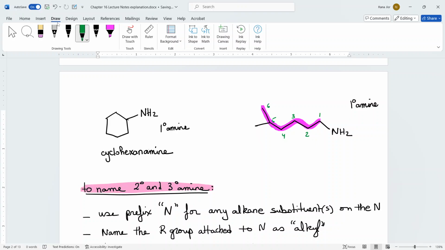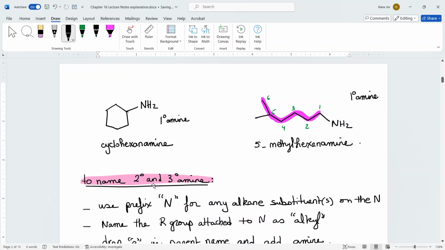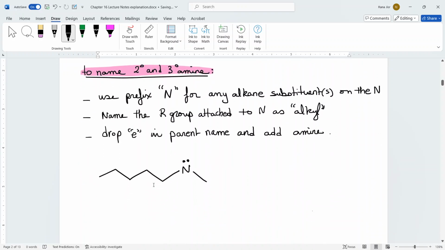This is a substituent, so my name is going to be 5-methyl hexane amine. Okay. Now, there are two rules: naming primary amines, and naming secondary and tertiary amines.